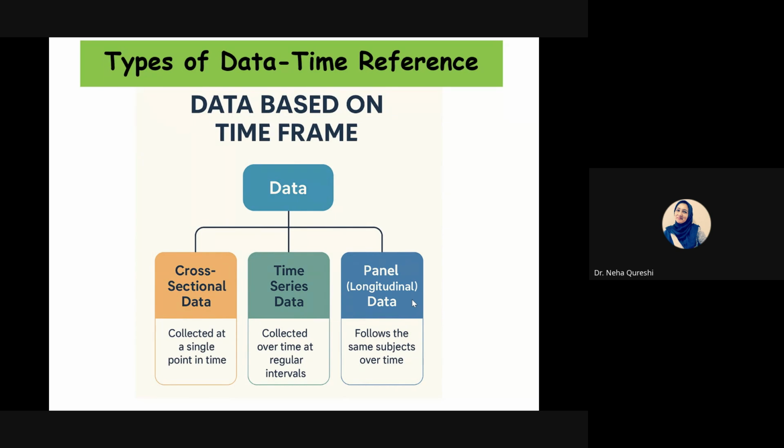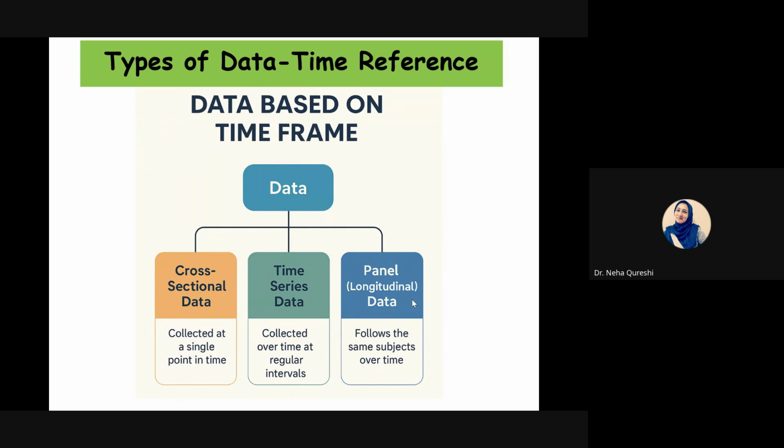But when you have data collected over regular intervals of time, say, for example, 10 years of data for fish production in a particular state, or marine fish landings of a particular state or district, that will be your time series data.